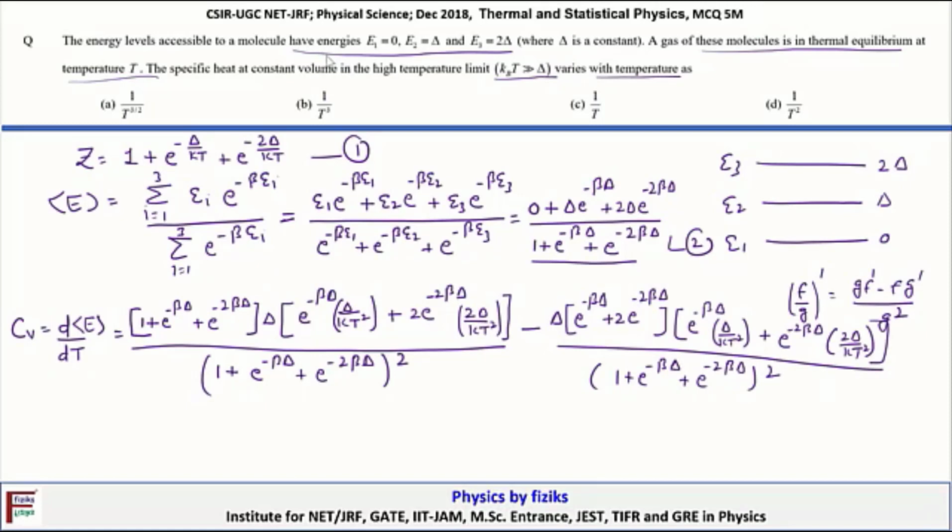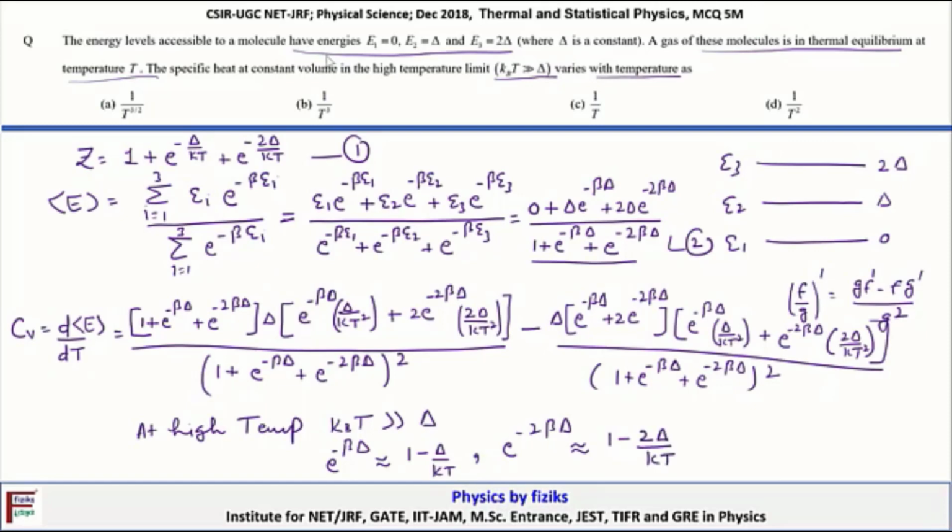So at sufficiently high temperature, that means when kT is much larger than the energy separation, exponential minus beta delta can be approximated as 1 minus delta by kT, and exponential minus 2 beta delta can also be approximated as 1 minus 2 delta by kT.